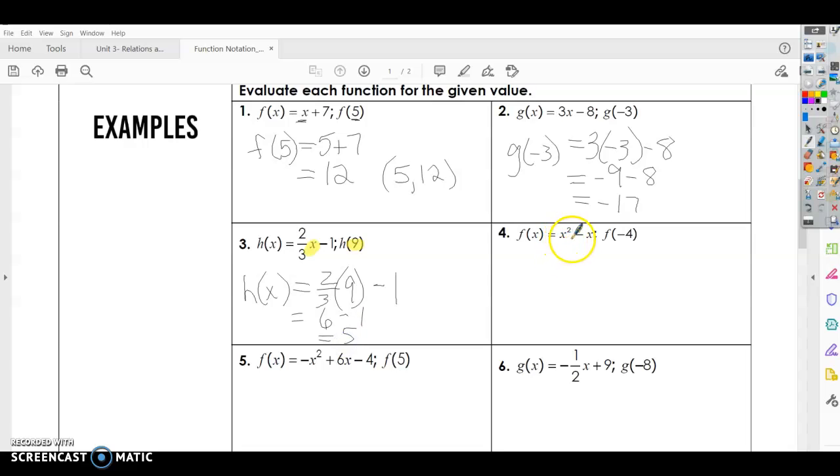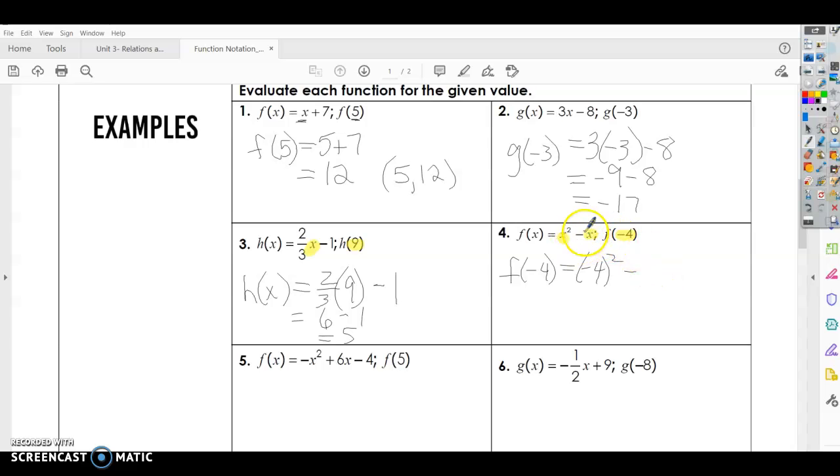Here we have a squared term. We're still going to do the same thing. We're going to take negative 4 and substitute it for x. This time there are 2 x's, so we do have to substitute it in both places. So we're going to say f of negative 4 equals negative 4 squared. Make sure you use parentheses so you don't lose that sign.